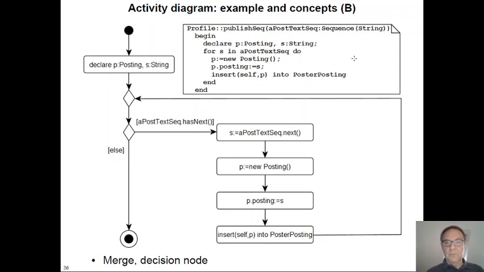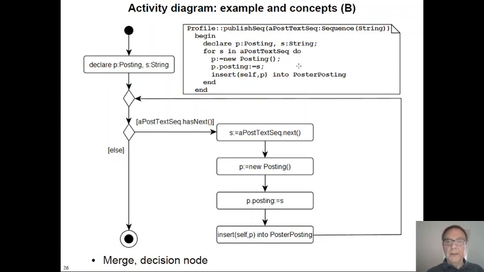So when we, for example, would have called publish with a sequence of 3 strings, this loop would go over this sequence of 3 strings, and the S would take the first string, the second string, and then the third string.